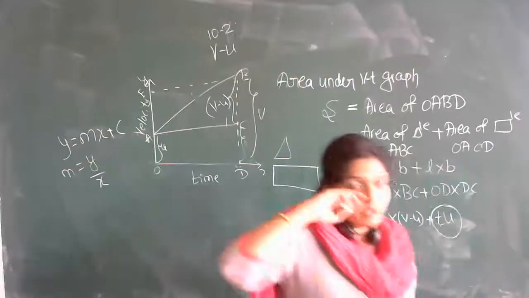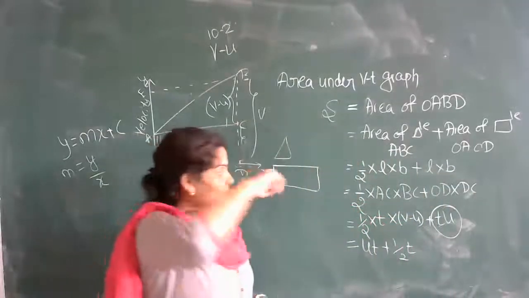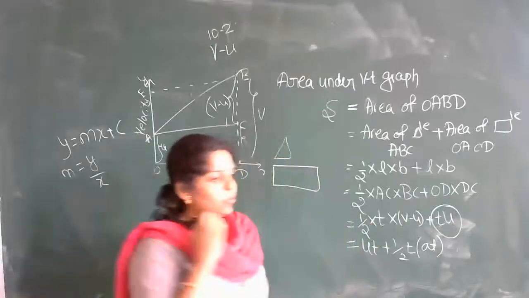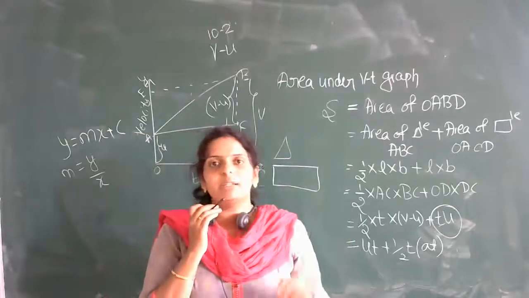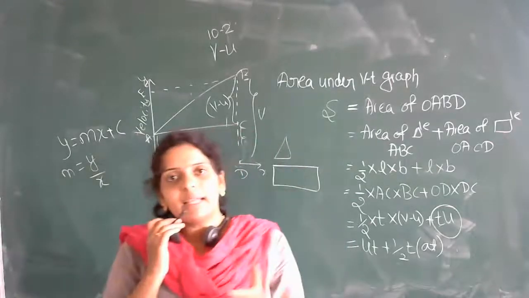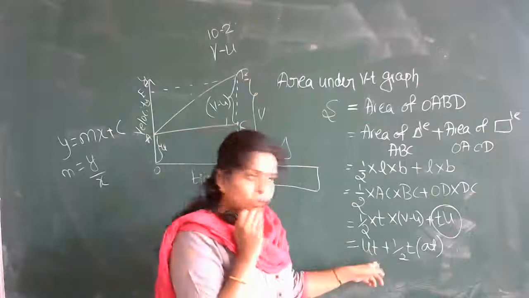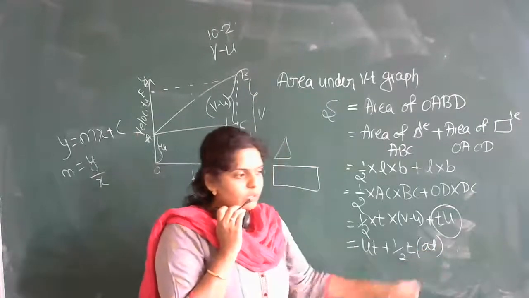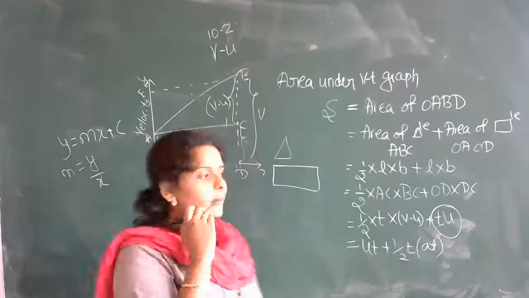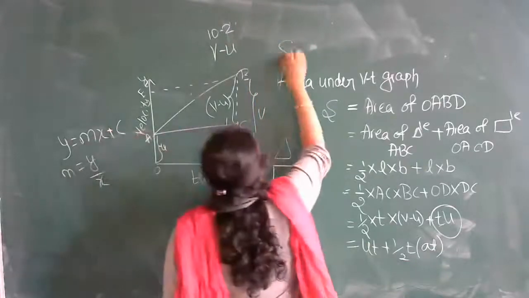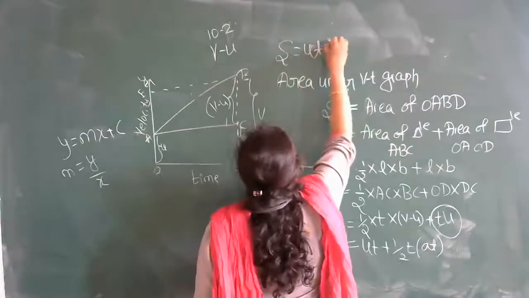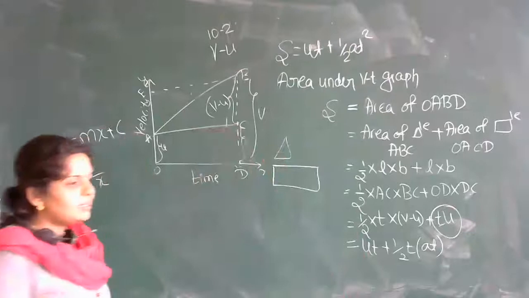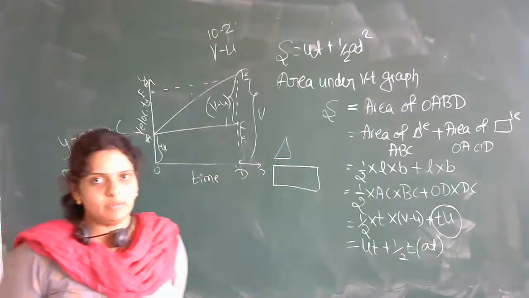Yes, understood everyone. I told you to note down that V minus U is equal to at. Now what is your equation? S is equal to ut plus half a t square. So ut you have already, plus half into a into t, that is nothing but at square. Therefore finally we get s is equal to ut plus half at square. Done. So this is your second derivation.